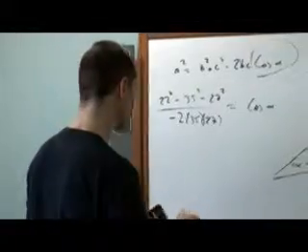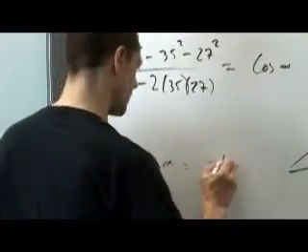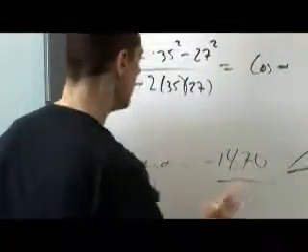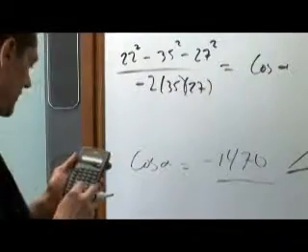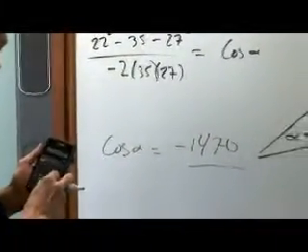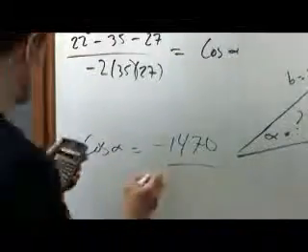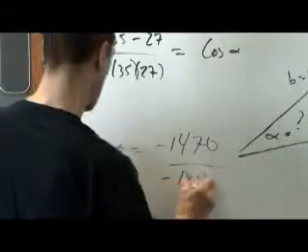So for the top, I have cosine alpha equals minus 1470 divided by, the bottom is 2 times 35 times 27. It's negative, so this will be negative 1890.